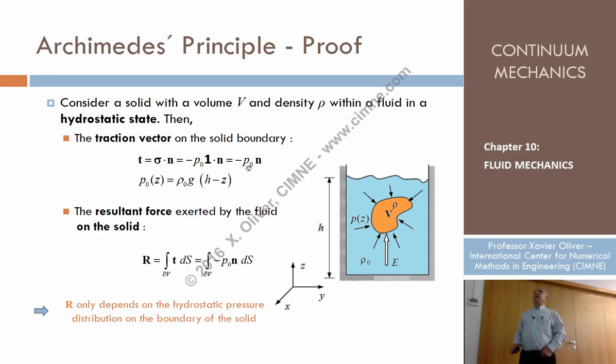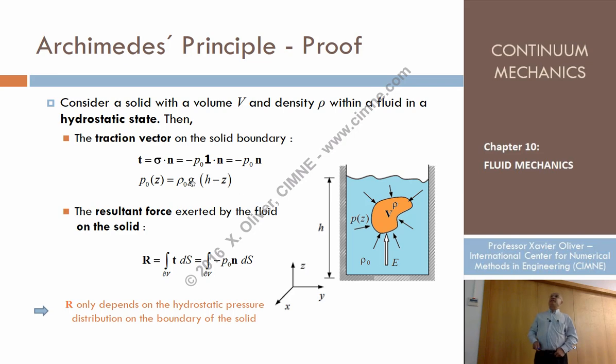But on the other hand, we know what is the distribution of this hydrostatic pressure. We already saw that this distribution is equal to a function which is a linear function in terms just of the z coordinate, assuming that the z coordinate is vertical with respect to the Earth's surface.